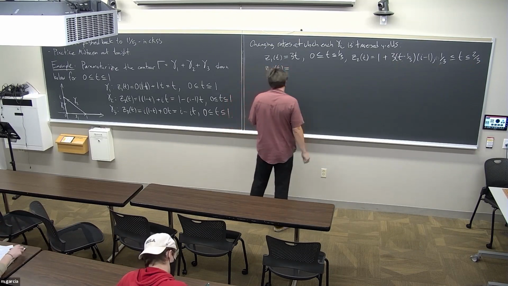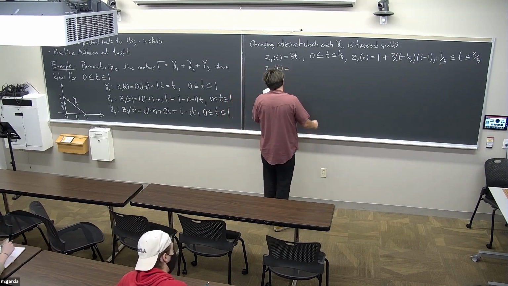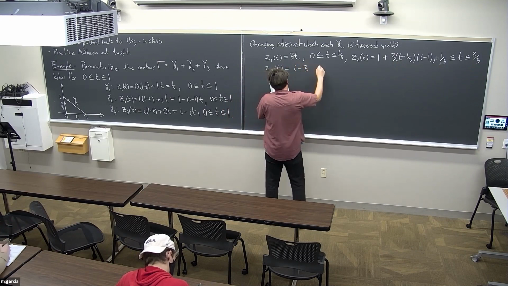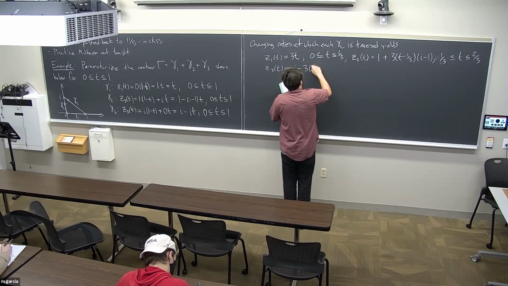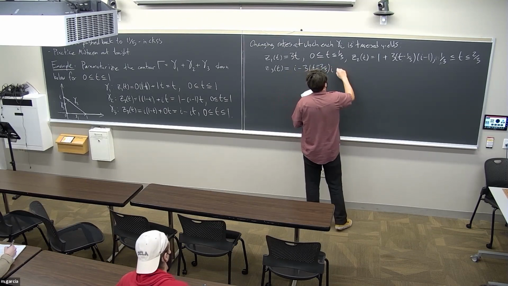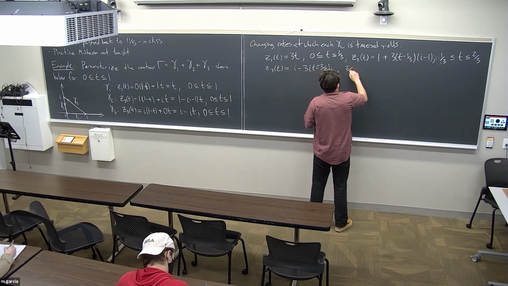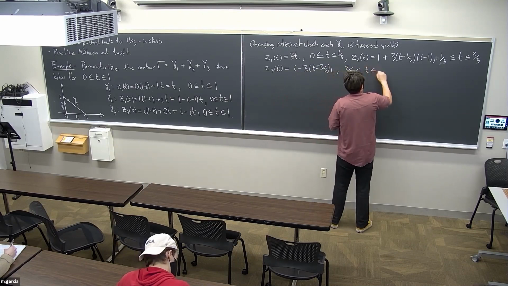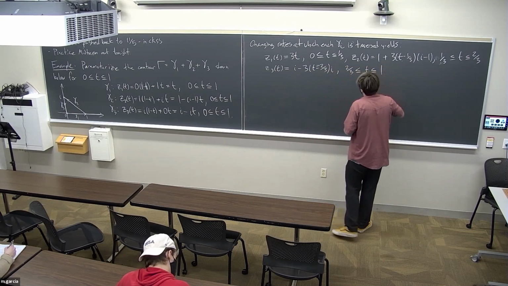And z3 of t, we just get i minus 3 times t minus 2/3 i for t between 2/3 and 1.